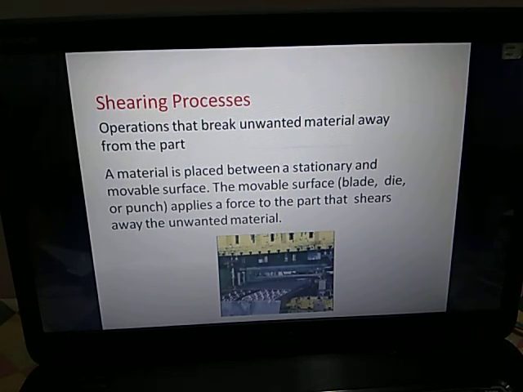Under shearing operations, there are many sub operations, like blanking, piercing, slitting and trimming. Hence shearing is considered one of the best manufacturing operations as far as production and operations management is concerned.